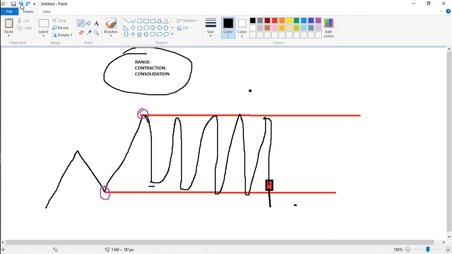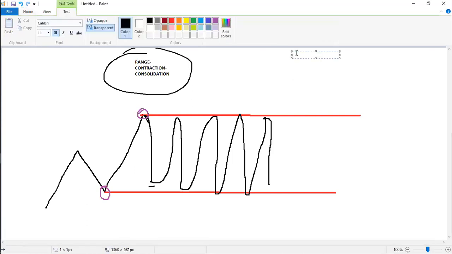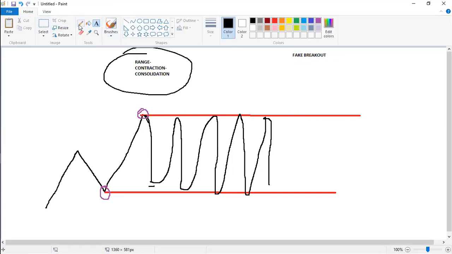Right, that's that part. The other thing is I'm gonna teach you what is a fake breakout. What is a fake breakout? That's the one you find in a range. So when you see a BMS, right, this becomes a lower low. So we are expecting a lower high, then lower low.